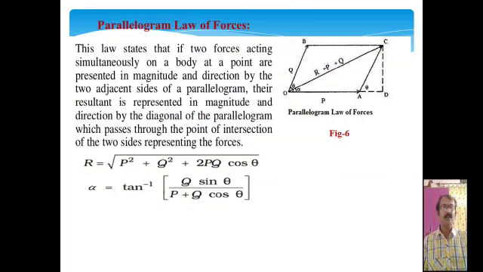Now, the parallelogram law of forces. This law states that if two forces acting simultaneously on a body at a point are represented in magnitude and direction by the two adjacent sides of a parallelogram, their resultant is represented in magnitude and direction by the diagonal of the parallelogram, which passes through the point of intersection of the two sides representing the forces.